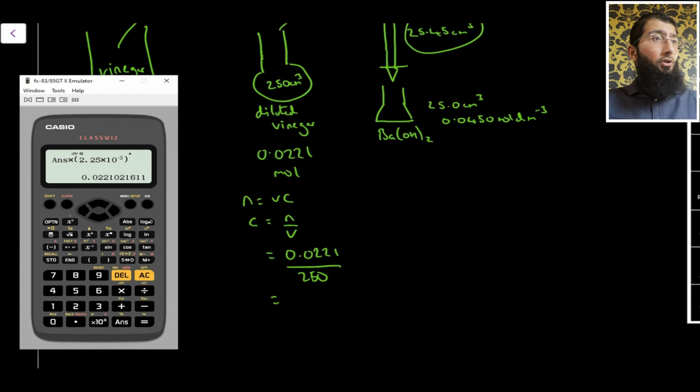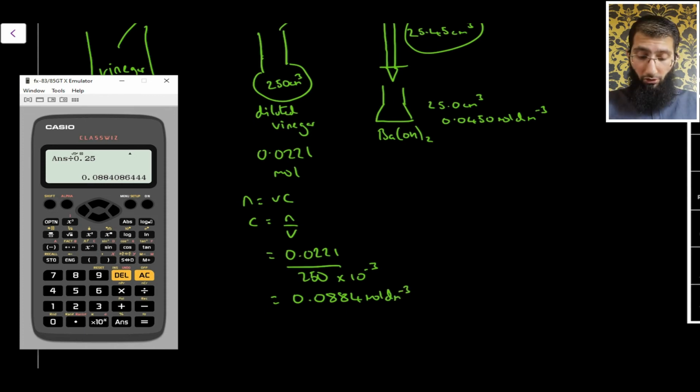So 0.0221 divided by 250. I can't forget, I need to convert that to decimeters cubed, so that's 0.25. And we get a value of 0.0884 mole dm minus 3.